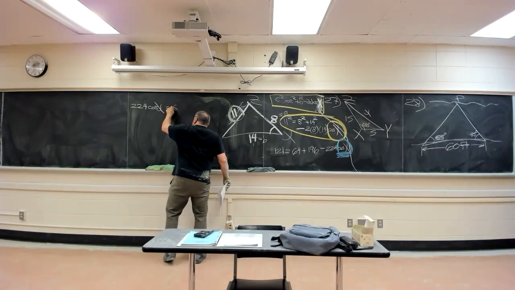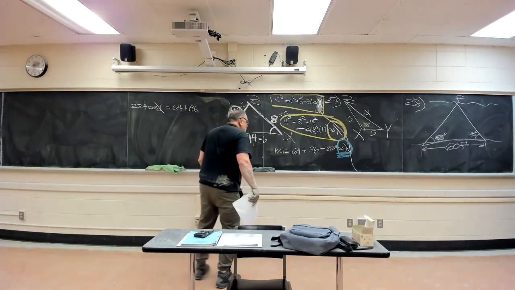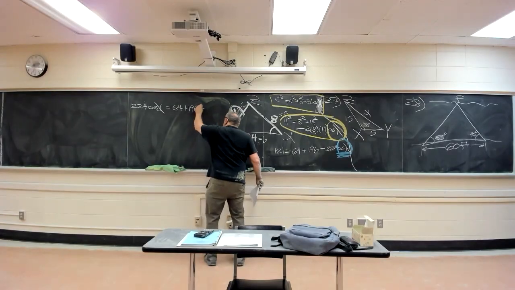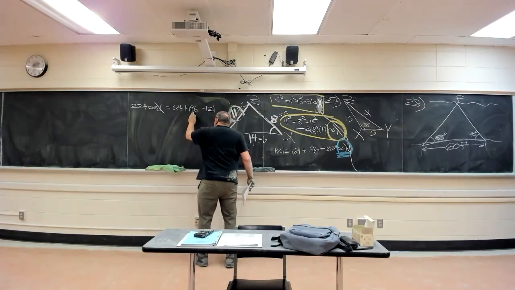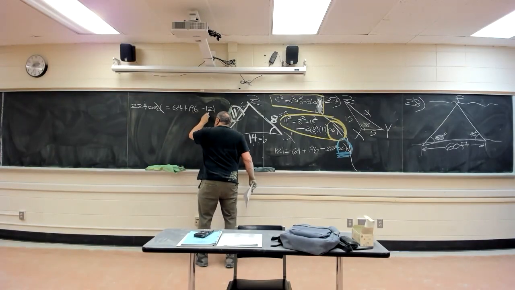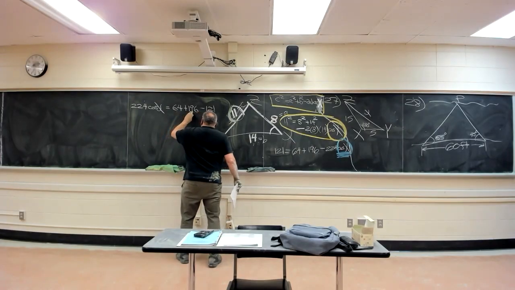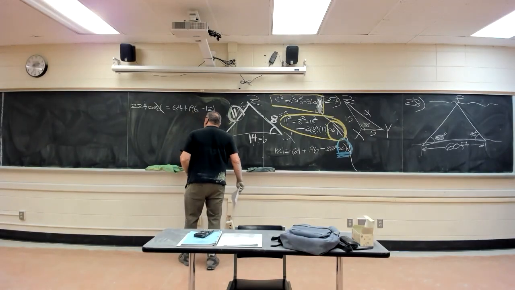And it's going to be 64 plus 196 minus 121. Well, okay. See how that all plays out. 196 minus 121 is going to be 75. 75 and 64 is 139.